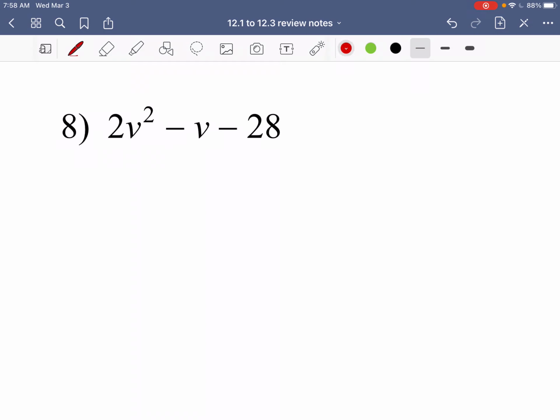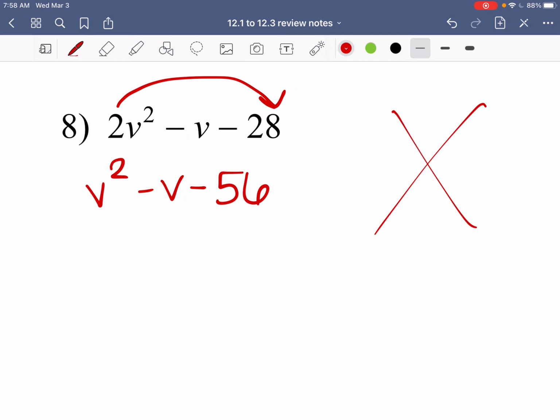Number 8, again, there is no GCF, so I'm just going to go ahead and slip and slide. So I have v squared minus v, and this is going to become a negative 56, because 2 times 28 is 56. The two factors that are going to give us negative 56 are 7 and 8. And the 8 is our negative.